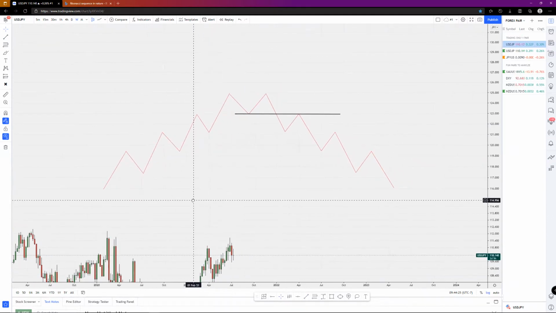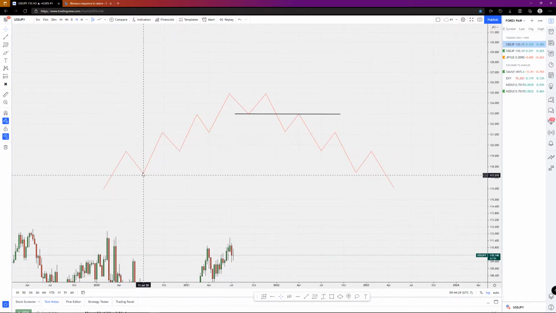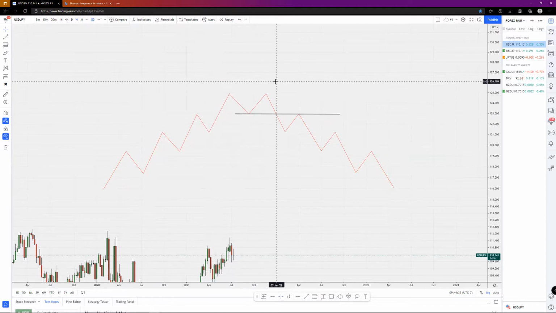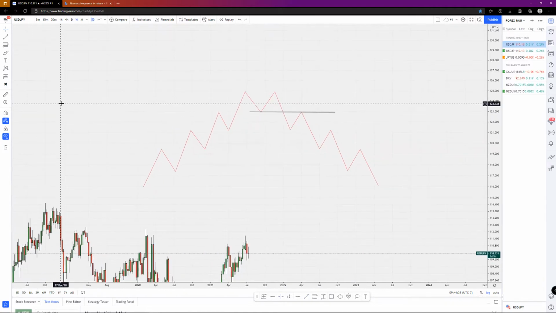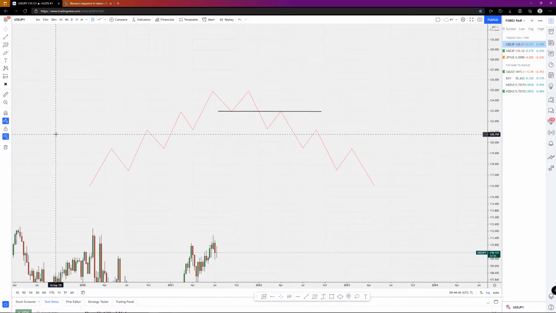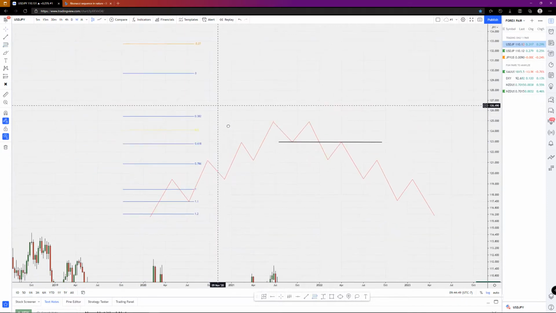So basically, when I was showing you the lows, higher highs, higher lows, higher highs, higher lows, higher highs, higher lows, and then a lower low, lower high, and so on and so forth, you are able to use Fibonacci in a way to, I don't want to say estimate, but at the same time, the Fibonacci has PRZ zones, right?